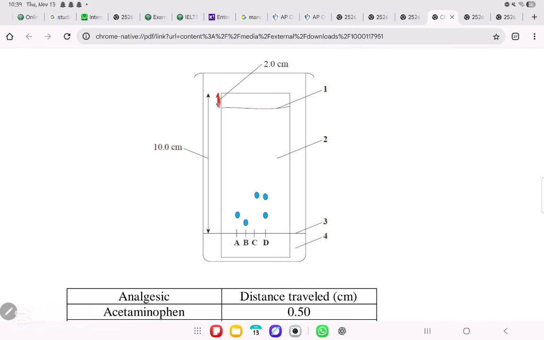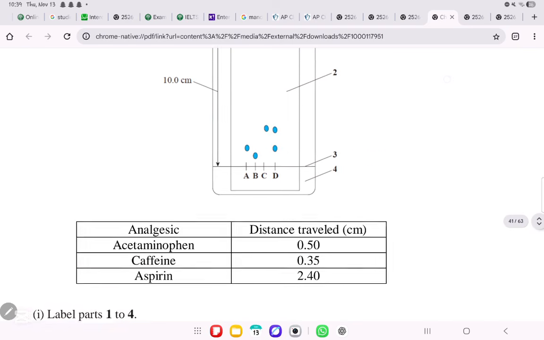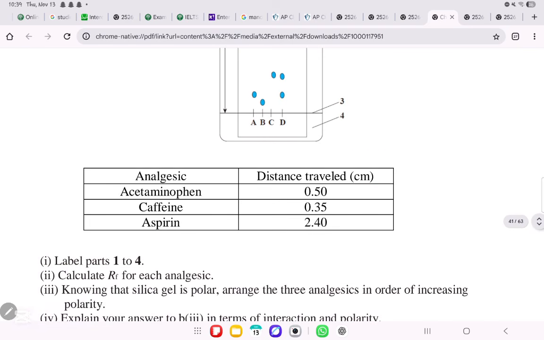So if this is 2 centimeters and this total distance was 10 centimeters, then what was the distance from the baseline to the solvent front, or the distance traveled by the solvent, which will be 8.0 centimeters, right? Now that we have this information, we can find the RF value for each one. We know the distance traveled for each of them. We'll just now divide it by the distance traveled by the solvent, which is 8.0 centimeters.